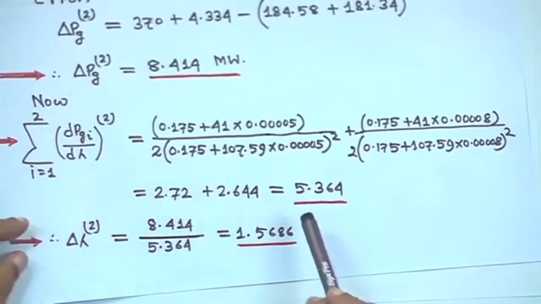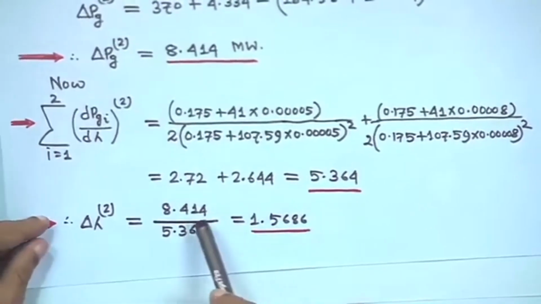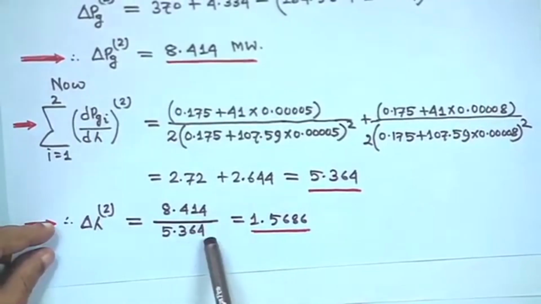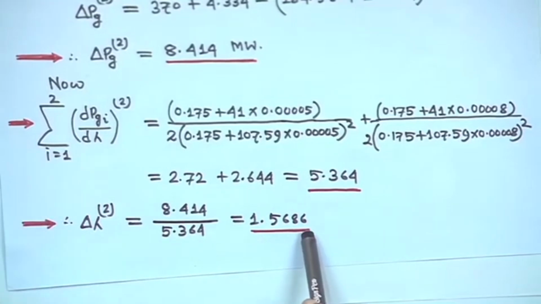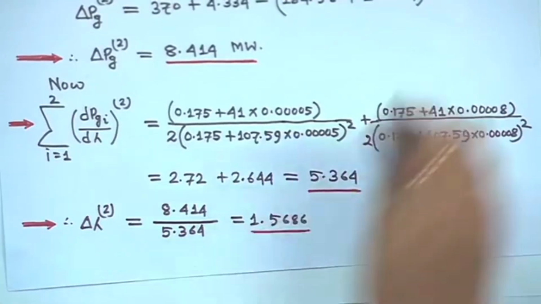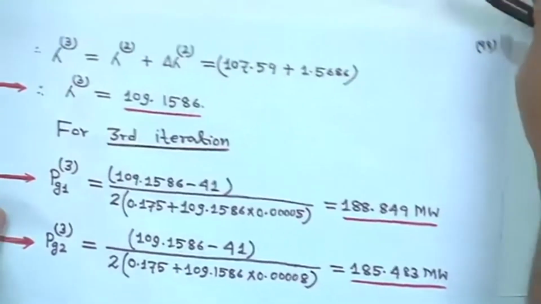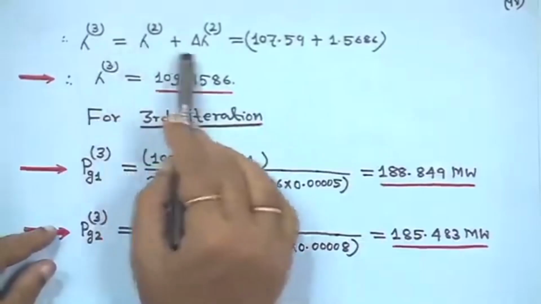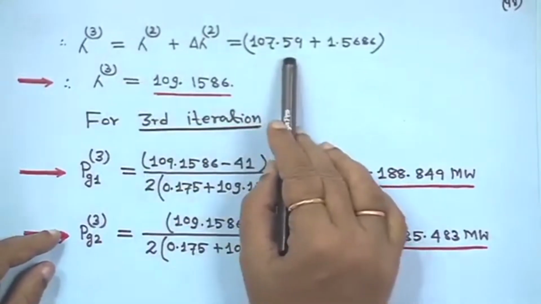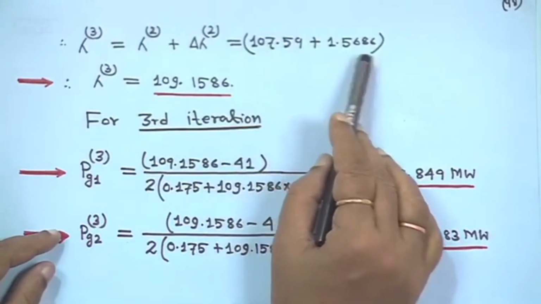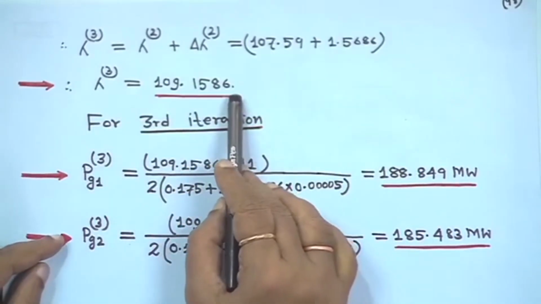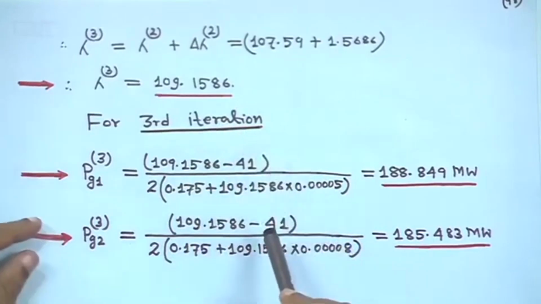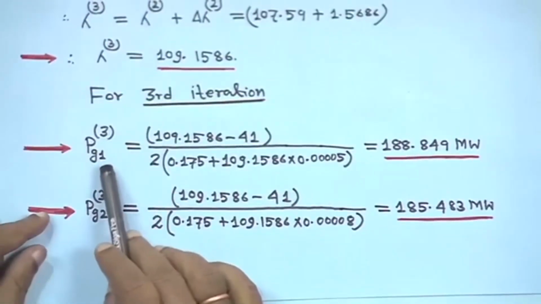So delta lambda 2 is 8.414 divided by 5.364, equal to 1.5686. In the third iteration, lambda 3 will be lambda 2 plus delta lambda 2, which is 107.59 plus 1.5686, so lambda 3 is equal to 109.1586.